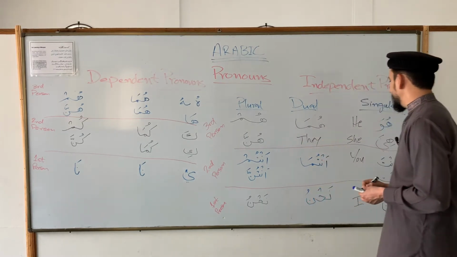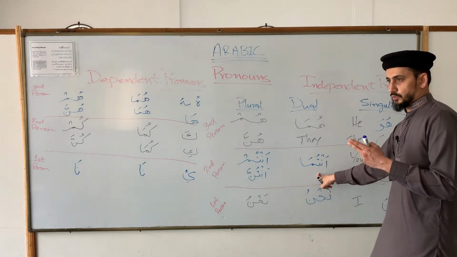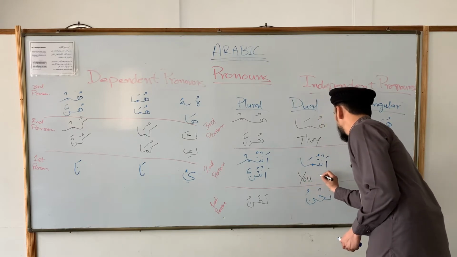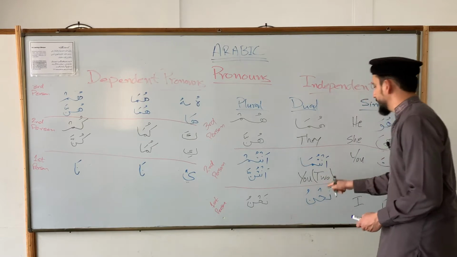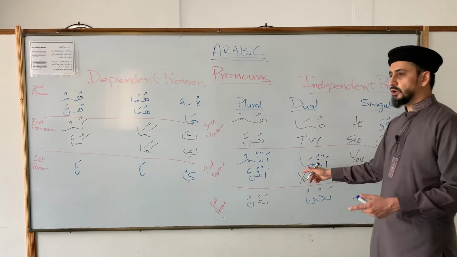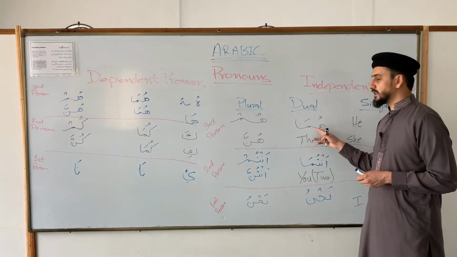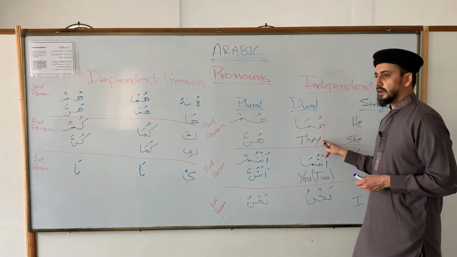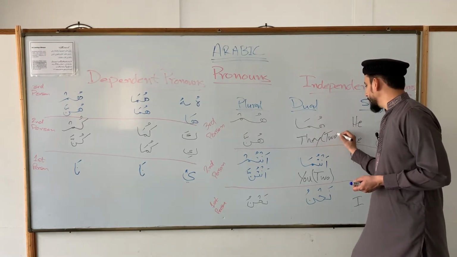They, third person. Antuma means you two. But we don't say you two in English, we just say you. But we know antuma means it's addressing only two persons. Same with huma: when we say huma, it means they are only two.